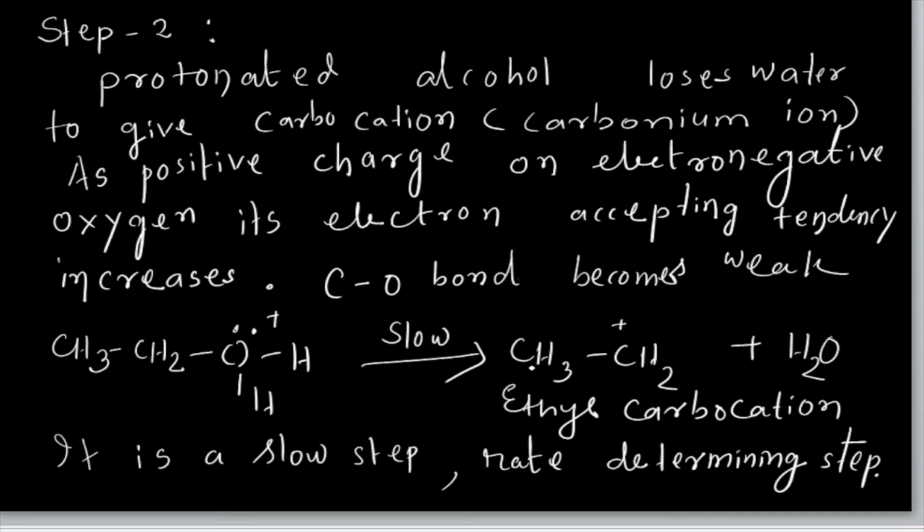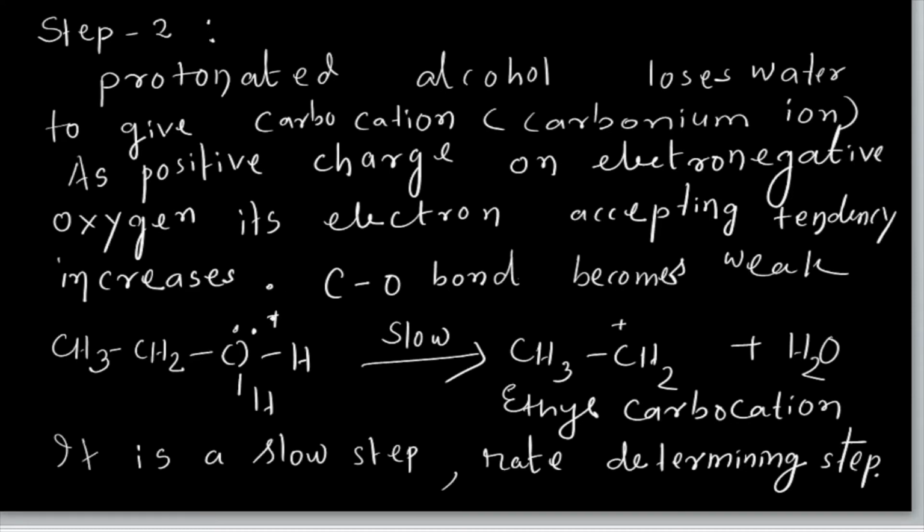Now you will observe what type of carbocation is produced. Here there is a positive charge on the oxygen, and oxygen is more electronegative. What is meant by electronegativity? That means it has the tendency to attract electrons towards itself.